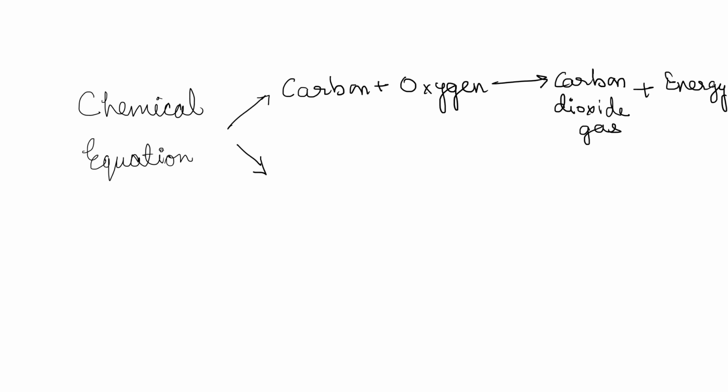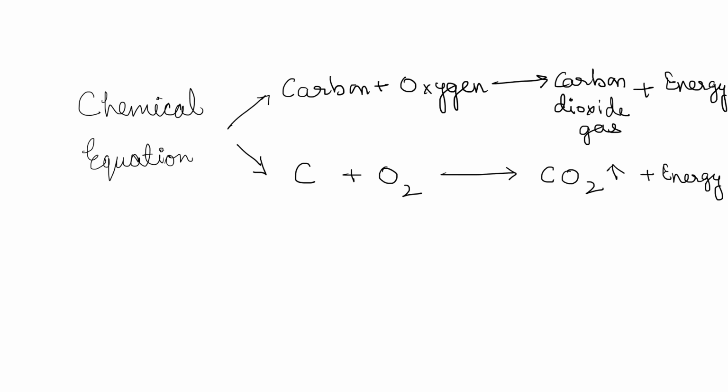Now carbon is an element, so it is written as C, plus oxygen molecule of element O2, arrow, then carbon dioxide, it's a molecule of compound CO2. It's a gas, so the arrow shows direction upward, showing that this is gas, and energy is released.